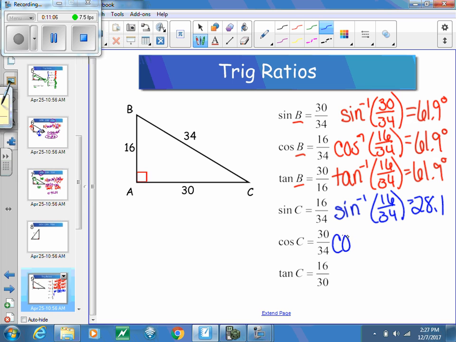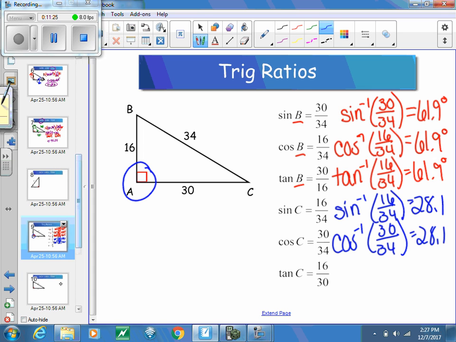Now I could do the inverse cosine, I could do the inverse tangent, and both of those are going to end up giving me the exact same answer. Now these answers should add up to 180 degrees, given that you already have a 90-degree angle. So these two angles that I'm coming up with should add up to the remaining 90 degrees.